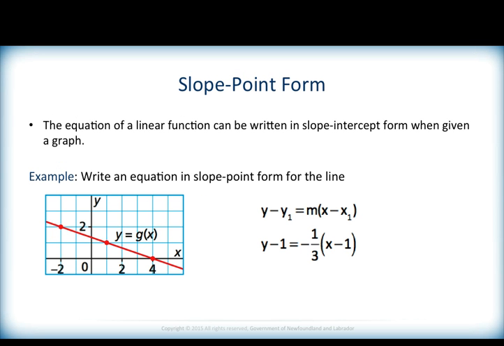The equation of a linear function can also be written in slope point form when given a graph. So write an equation in slope point form for the line that is given. So we start off with our base equation, y subtract y1 equals m, then we have x subtract x1.